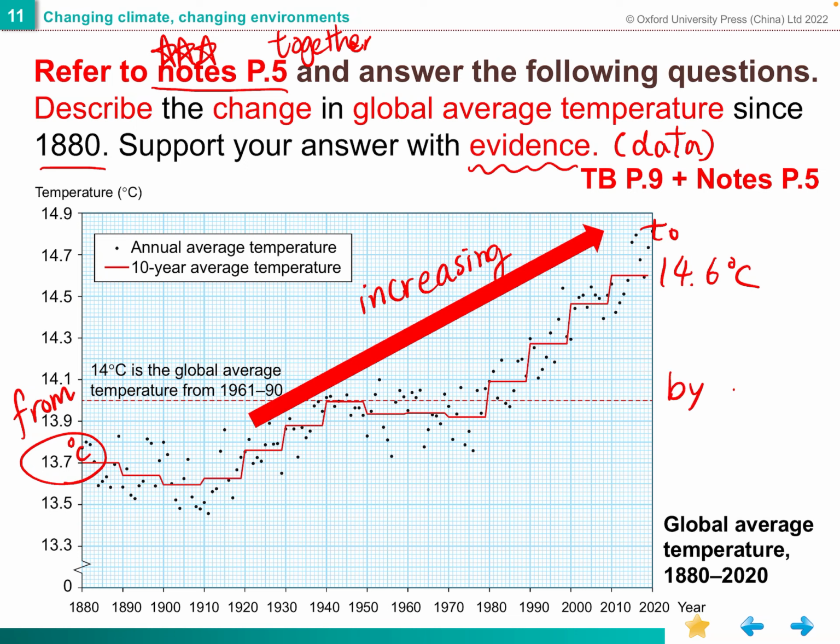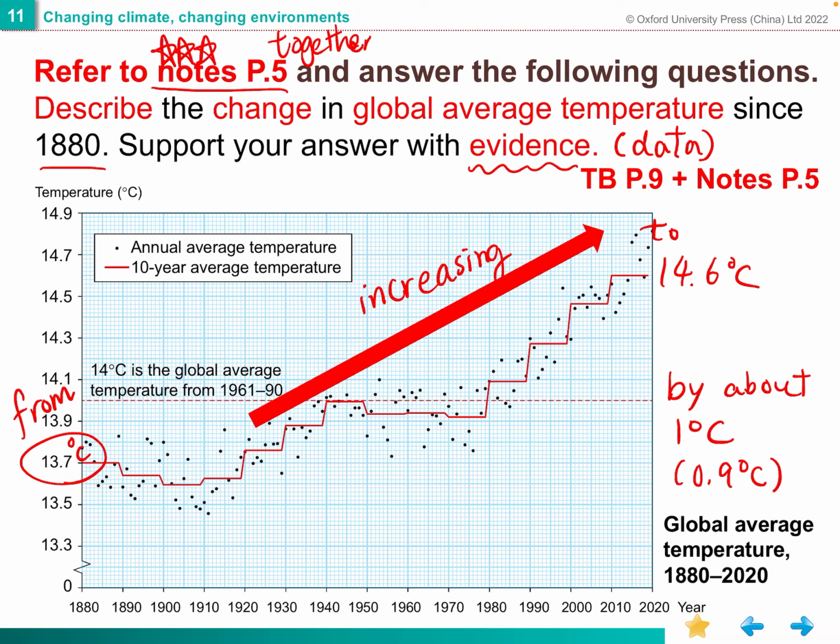Another way that works is by how much, meaning how much it increased. By how much? By about 1 degree. So actually it should be less than 1 degree, 0.9 degree. So you can write down about 1 degree, still OK.